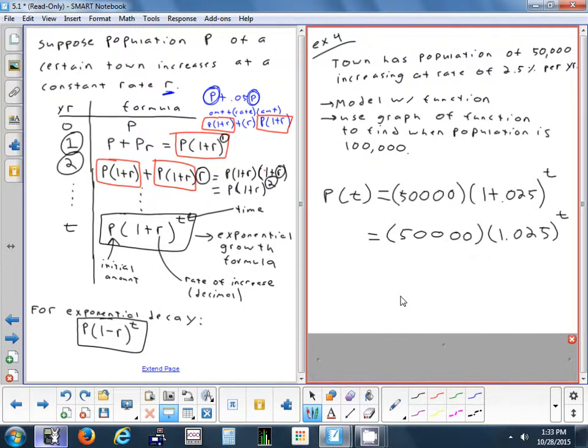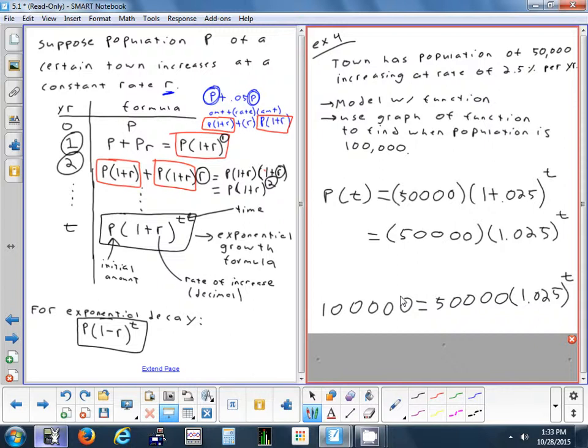So how could I do this on the calculator? I want to know when this reaches what number? 100,000. Okay, you might be able to do the first step by hand, which is divide by 50,000. But from there, then you'd be stuck with this variable as the exponent.